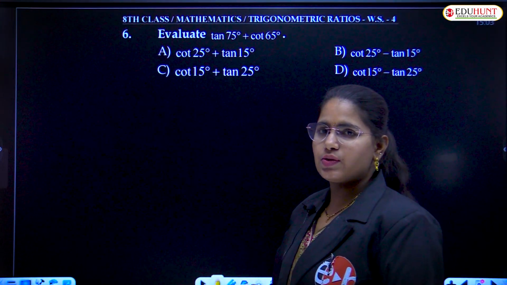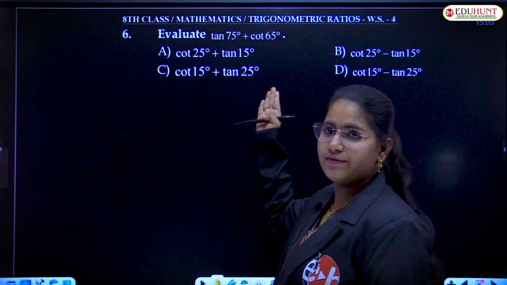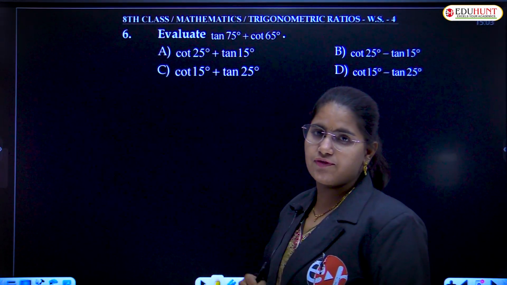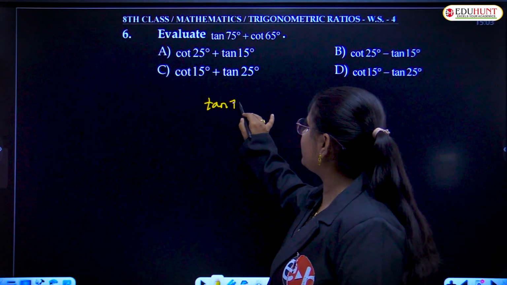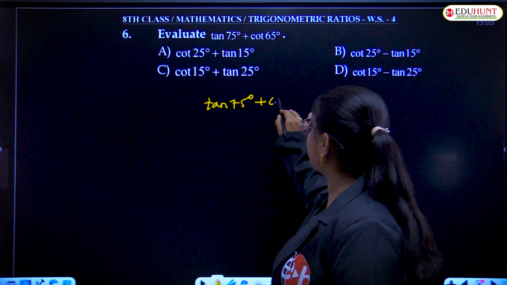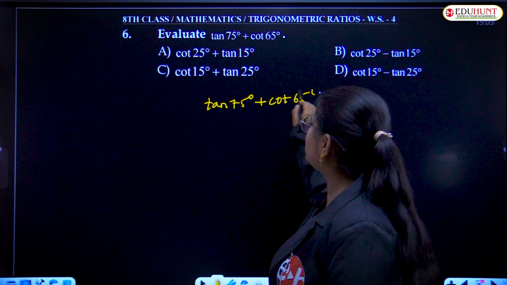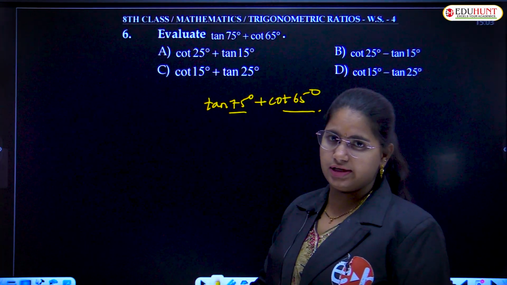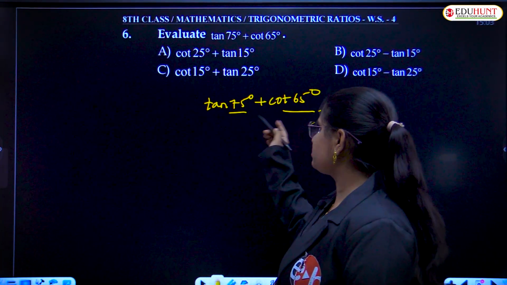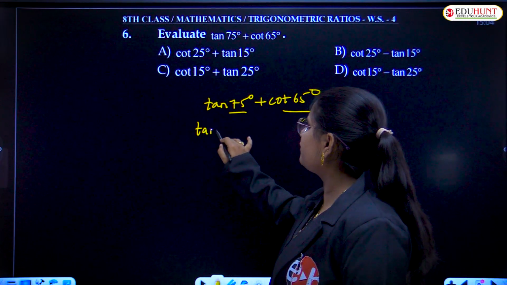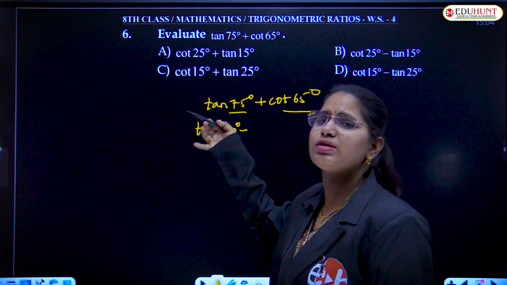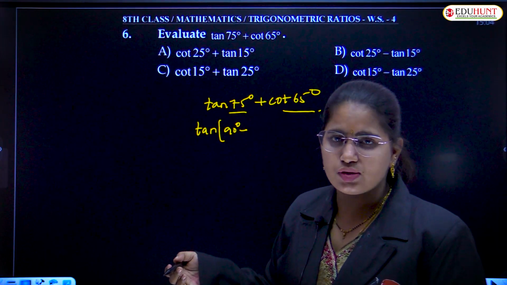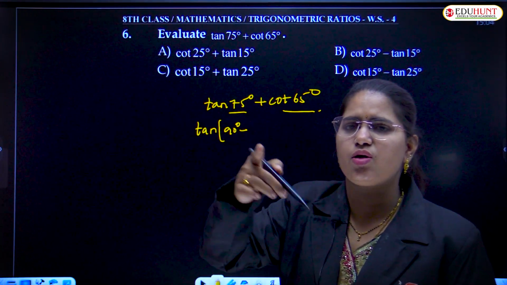Next question. Evaluate tan 75 degree plus cot 65 degree. Let's begin with the question. Both angles are unfamiliar for us, right? So, tan 75 with the help of allied angles concept, I can write 90 degree, because the closer allied angle is 90. 90, 180, 270, 360 are called allied angles.